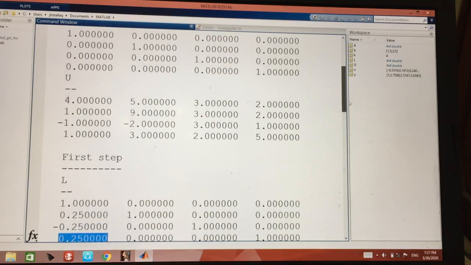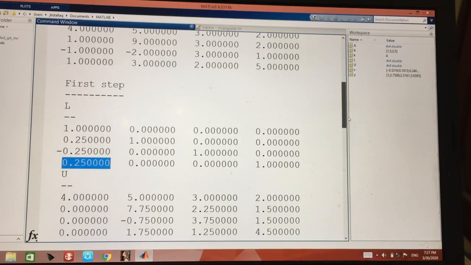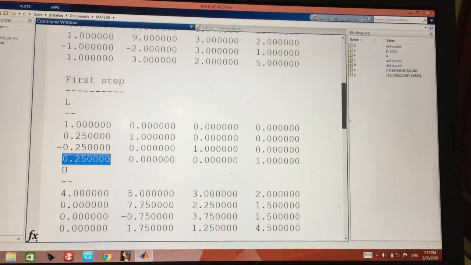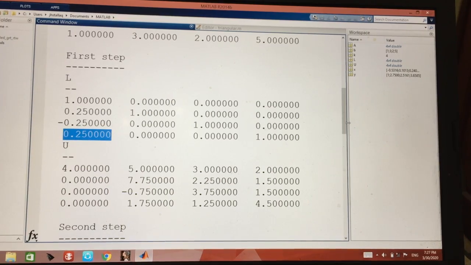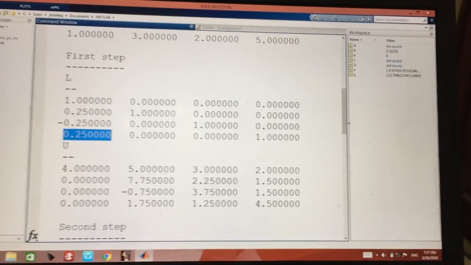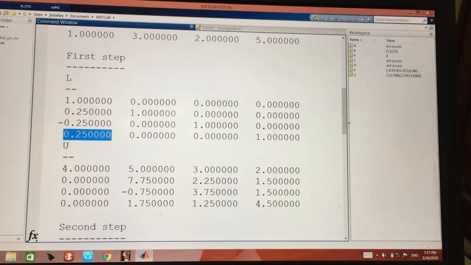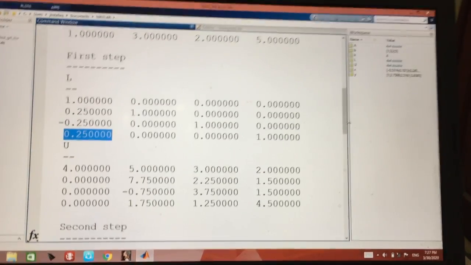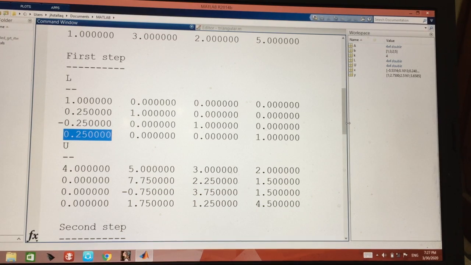Then 9 minus 1.25, let's do the upper, it's 7.75, right? This minus this. Now 3 minus 3 over 4, that's 0.75.